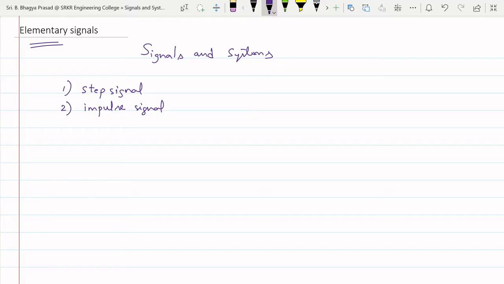Basically, we discuss the step signal and impulse signal multiple times. So we discuss the step and impulse signals in both the cases of continuous time and discrete time.